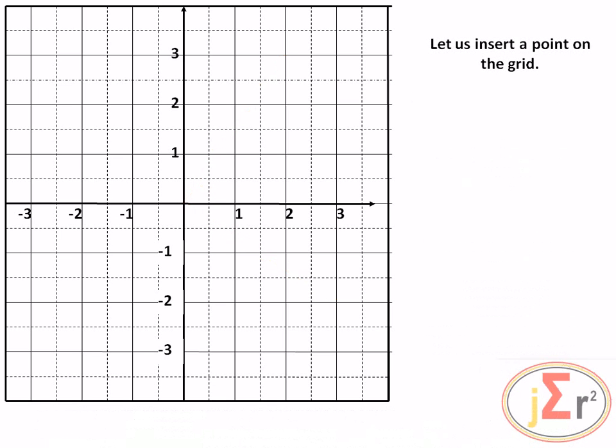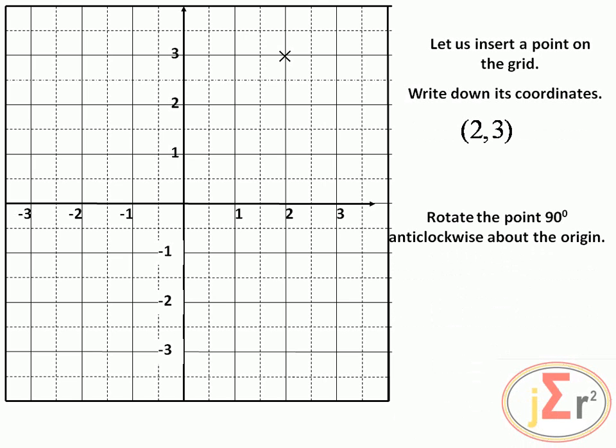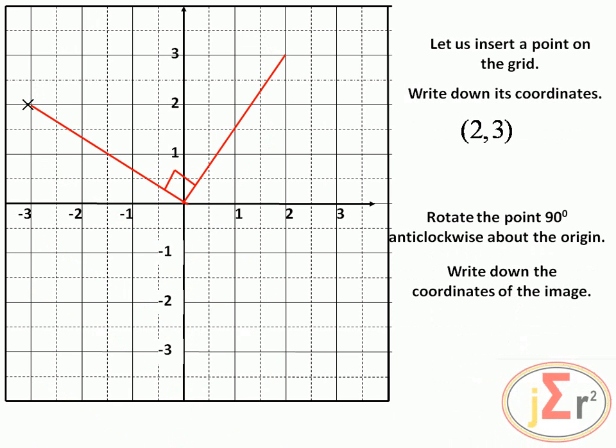Let us insert a point on the grid. Here's our point. Write down its coordinates. Then rotate the point 90 degrees anti-clockwise about the origin and see what happens. Write down the coordinates of the image.